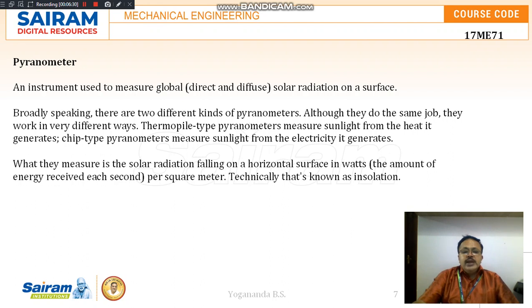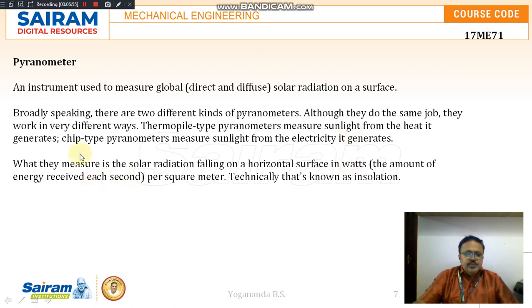Thermopile type pyranometers measure the sunlight from the heat it generates. So, based on the amount of heat generated from the sunlight, the thermopile type pyranometer calculates how much of the sunlight is effectively used.